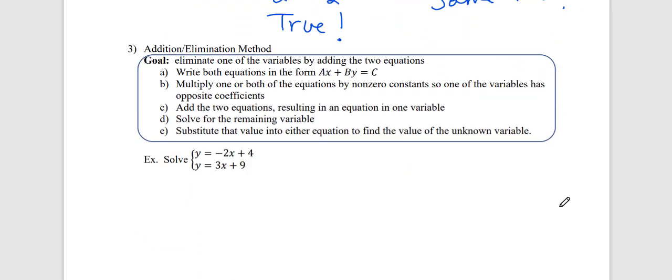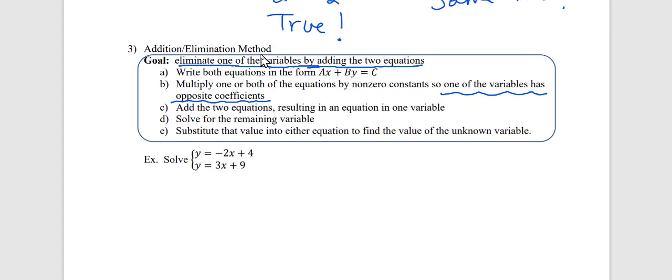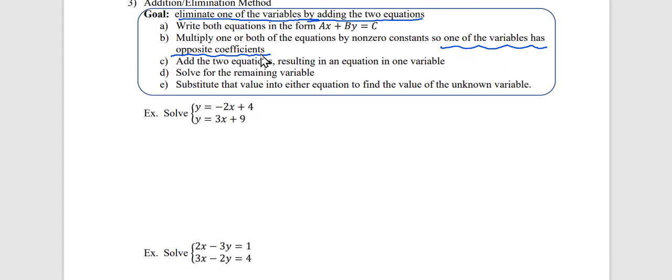One other method we can use is the addition or elimination method. Our goal here is to eliminate one of the variables by adding the two equations. That means that I want one of the variables to have opposite coefficients. So if I have 2x in one equation, I want negative 2x in the other equation.